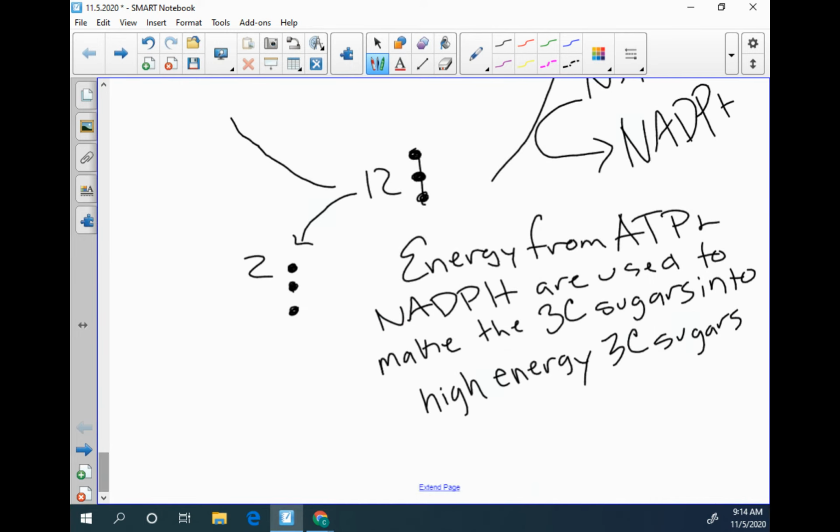Two of them to make sugars. If you remember, glucose is C6H12O6. So these 2 3-carbon sugars are going to combine to make glucose.